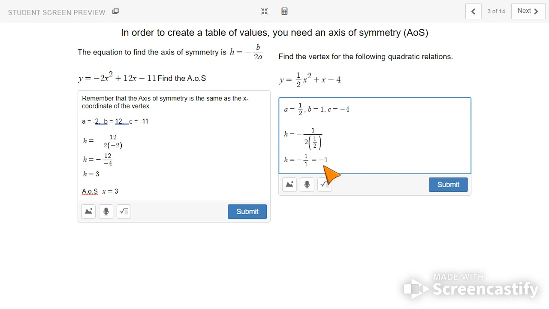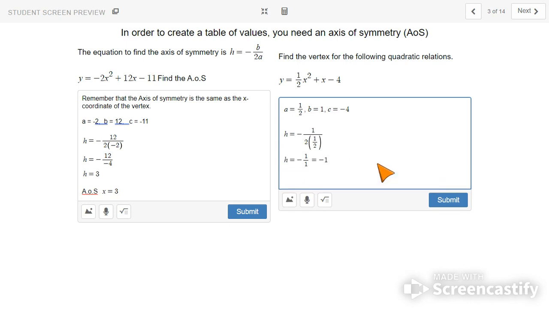So if negative 1 is the h, or the x-coordinate of the vertex, to find the y, I'm going to substitute x is equal to negative 1 into the original equation.